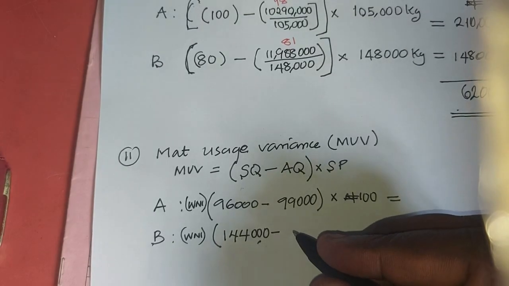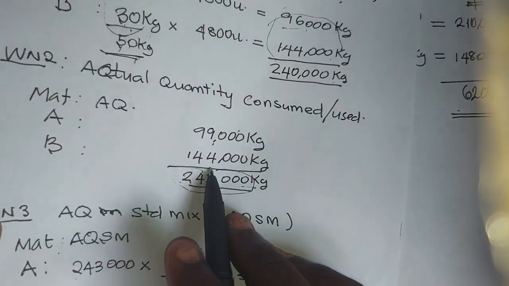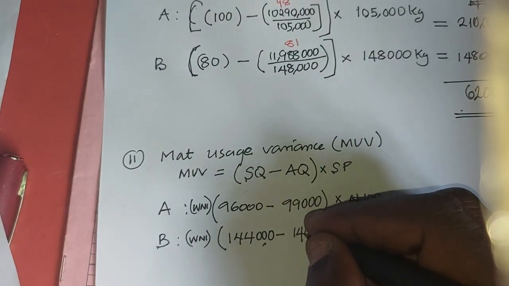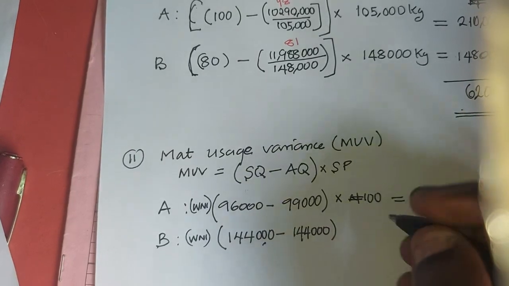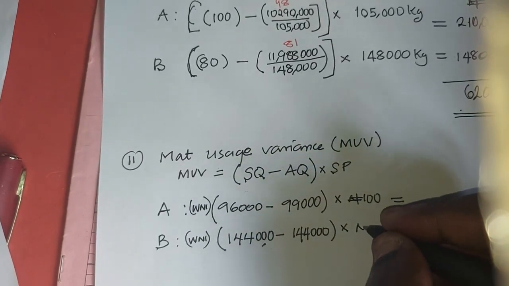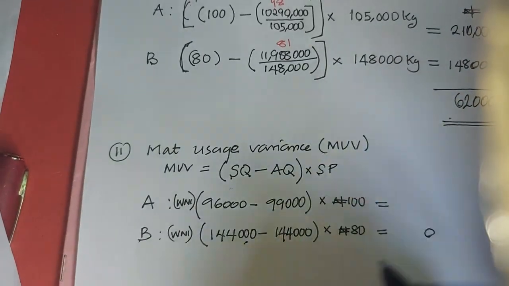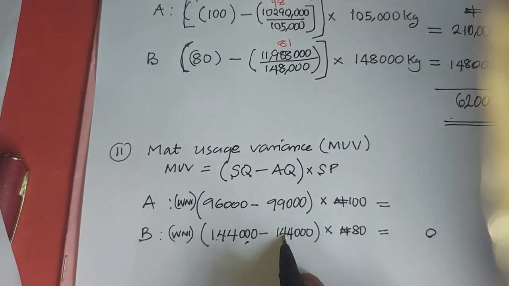Actual quantity consumed has been given to be 144, times 80 naira. That is the standard. So this one will give you 0. This is 144 minus 144, that's 0.